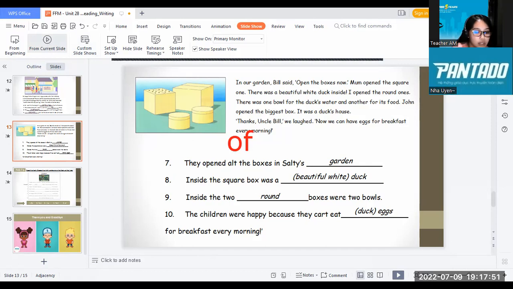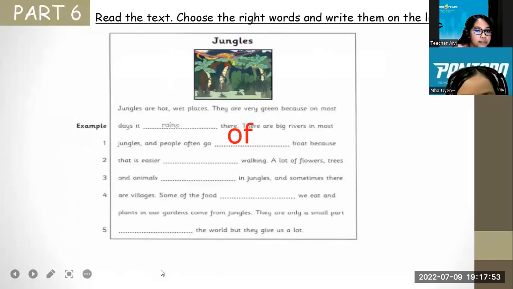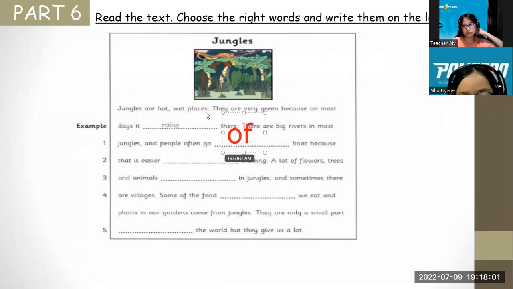Okay, so here it is. Okay, so now can you please read, Uyen? Easier. I can't see the square box under the picture.